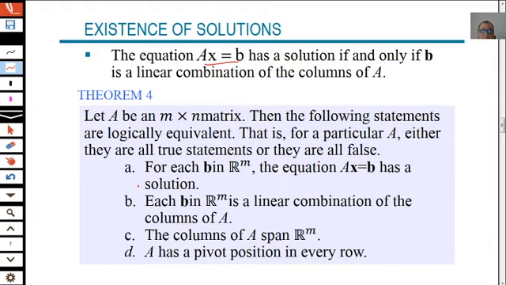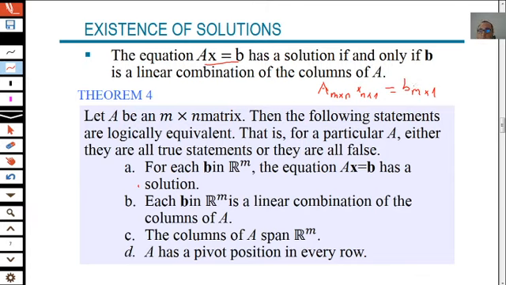So for each b in Rm, we have generally a matrix equation where A is an m by n matrix and x is an n by 1 matrix. So b will be an m by 1 matrix, namely b has m components.